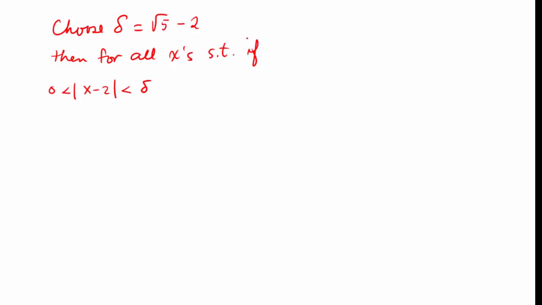If we choose delta to be square root of 5 minus 2, then for all x's such that x minus 2 in absolute value is less than delta, the absolute value of f of x minus 5 is less than 1.